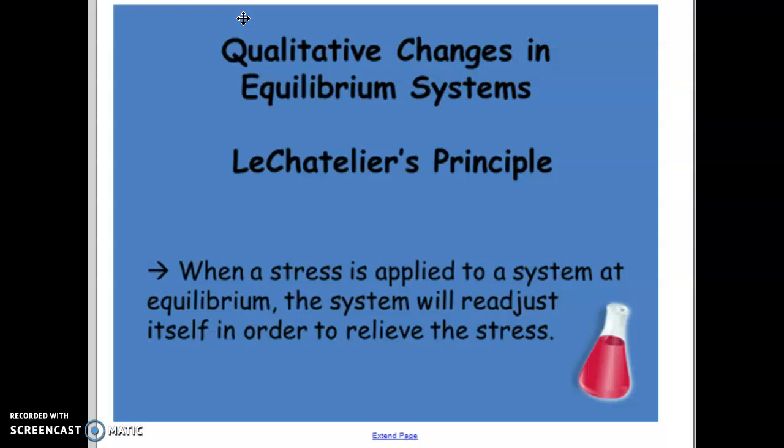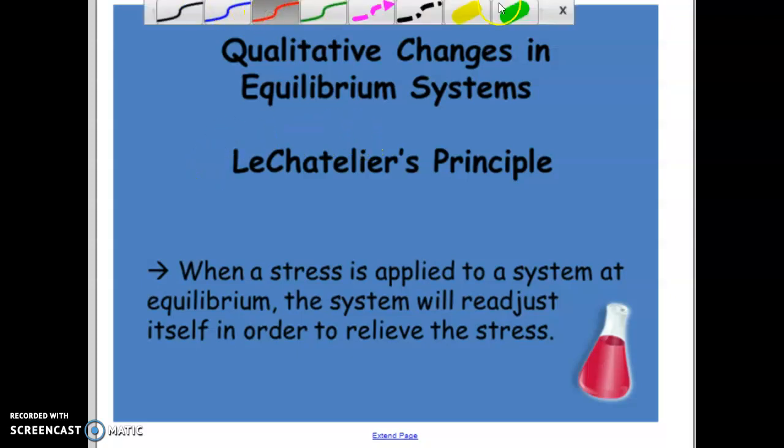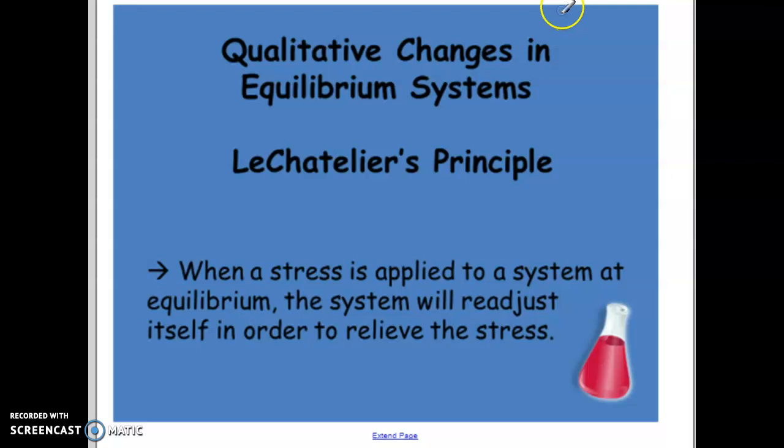So meaning perhaps the forward reaction will increase in rate or the reverse reaction, and different ways that equilibriums can change. So the main principle we're going to talk about today is called Le Chatelier's principle.